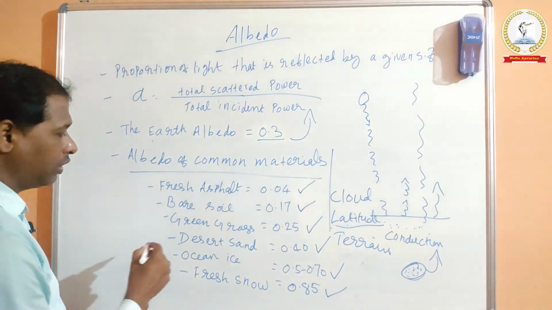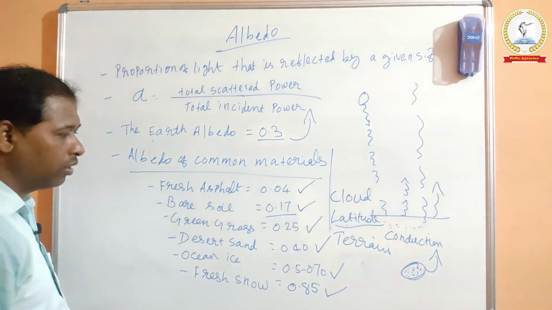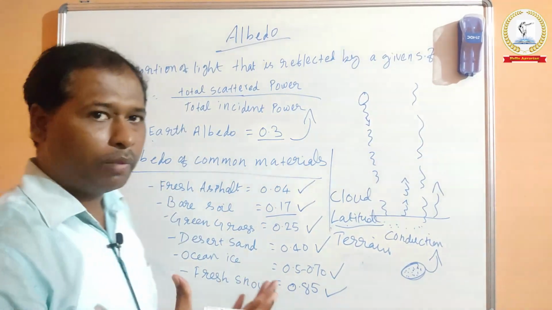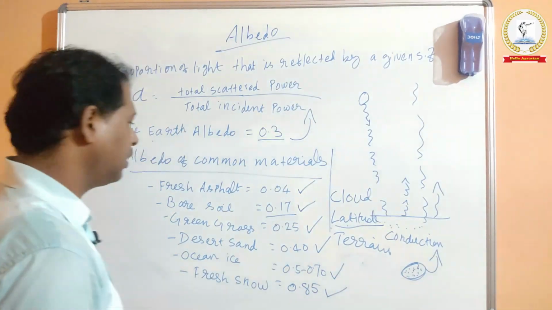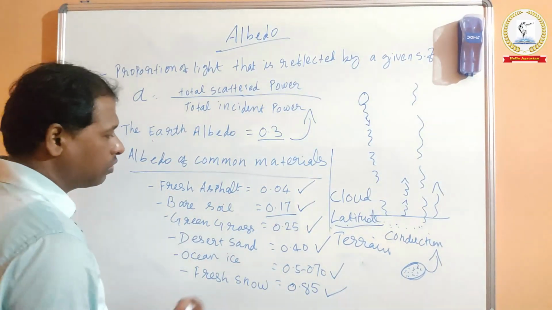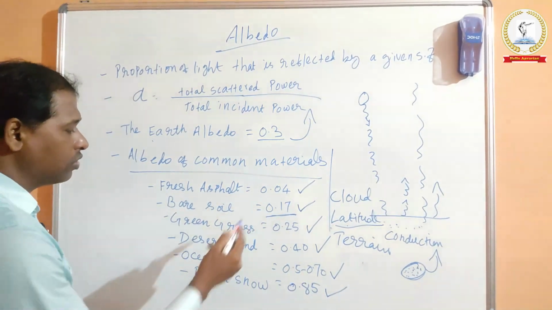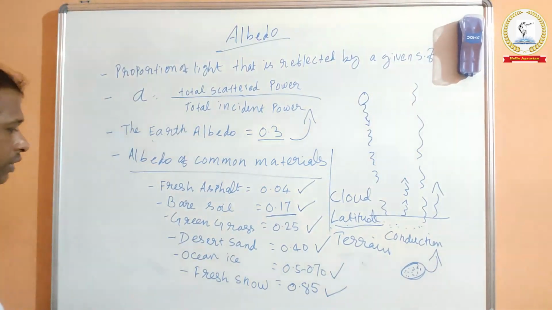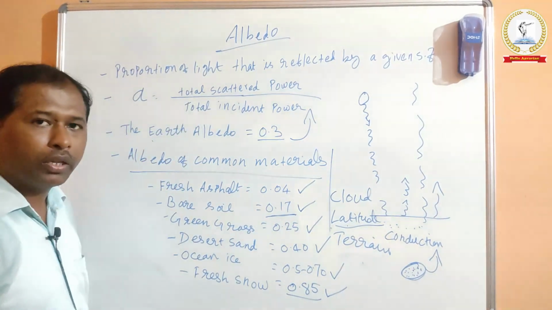Among these we find a low value for bare soil, because the soil is able to absorb a greater amount of radiation, and that's why its reflection is low, with an average value of 0.17.